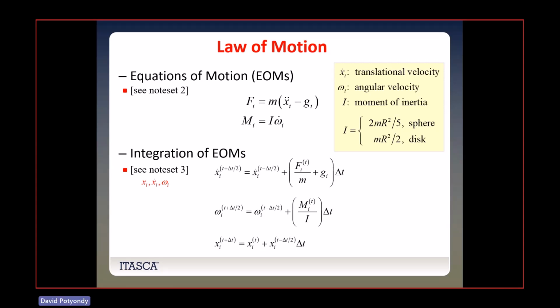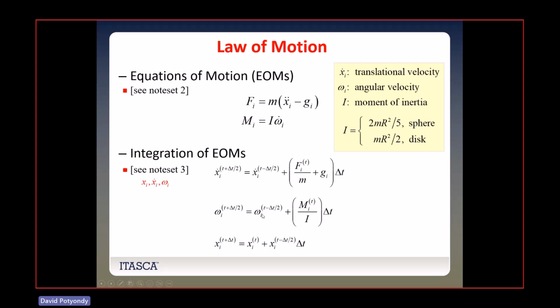This is again just showing equations of motion, right? Notice there's F equals ma, and there's also resultant moment is equal to the inertia tensor times the angular acceleration. And we can express the same thing in a finite difference form. And here is now the new angular velocity.